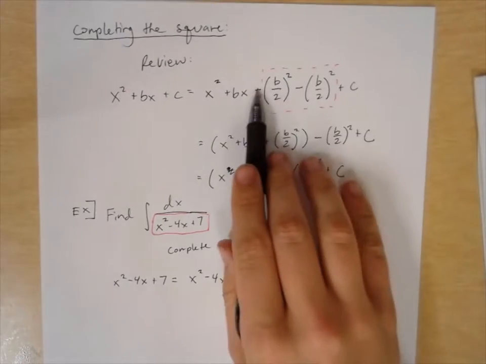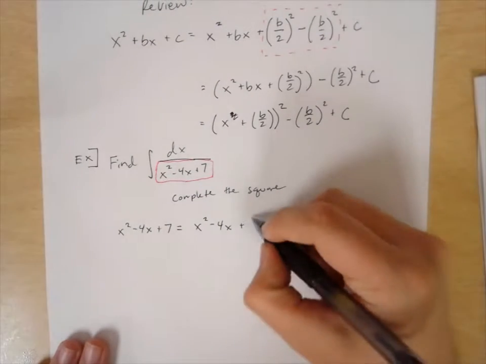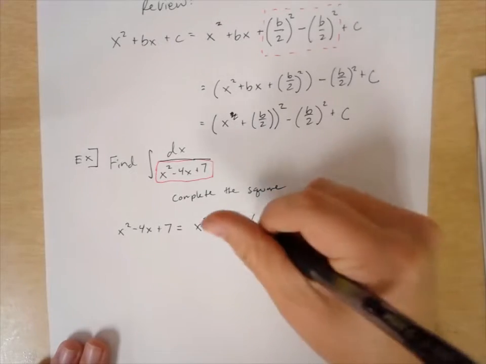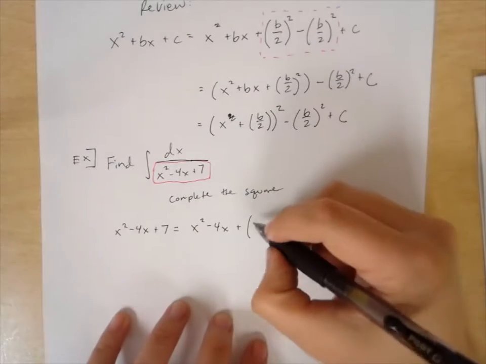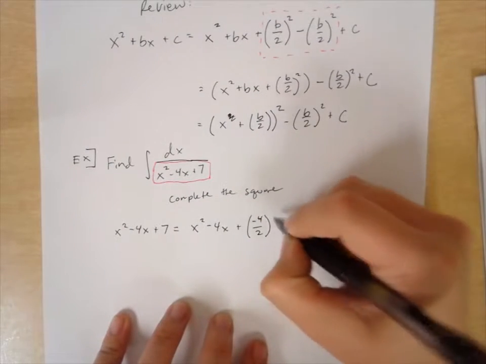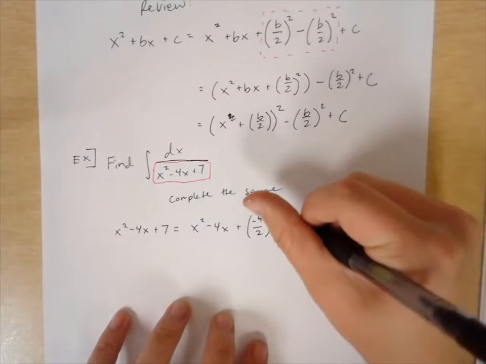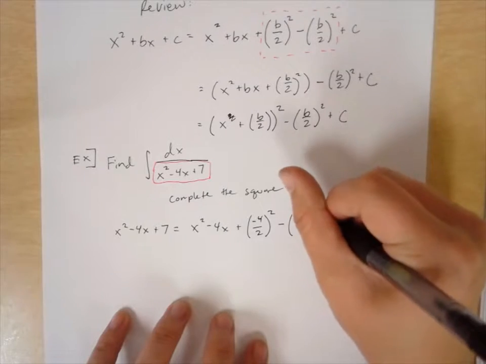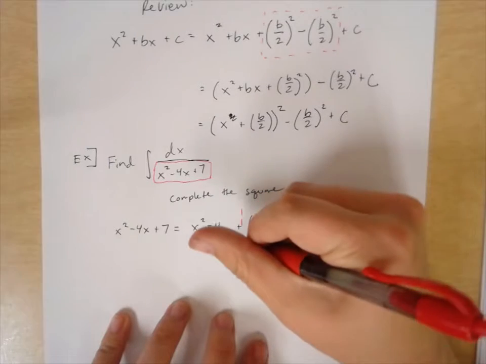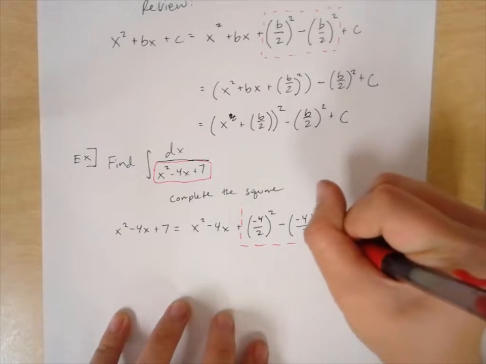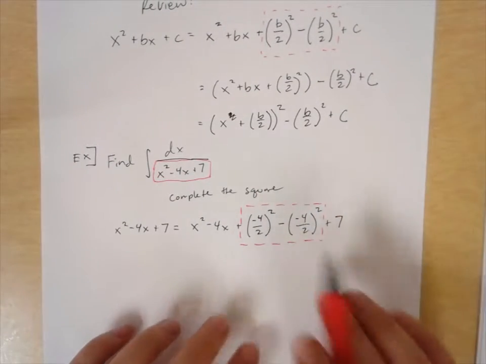And now is where I'm going to add, I'm going to do plus negative 4 over 2 squared, and then I'm going to say minus negative 4 over 2 squared plus 7. And again, just to kind of reiterate visually what's happening here, this is what completing the square is. I'm just putting in that b over 2 squared plus and minus right here.